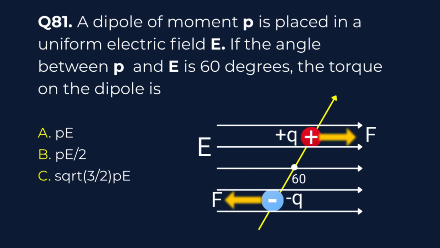Question 81. A dipole of moment p is placed in a uniform electric field E. If the angle between the dipole moment vector and the electric field vector is 60 degrees, the torque on the dipole is: a) pE, b) pE by 2, c) root 3 by 2 pE.